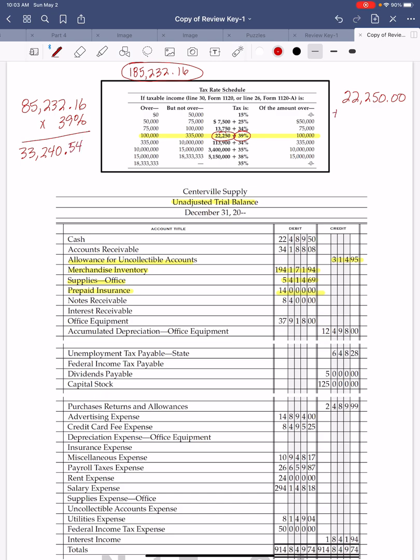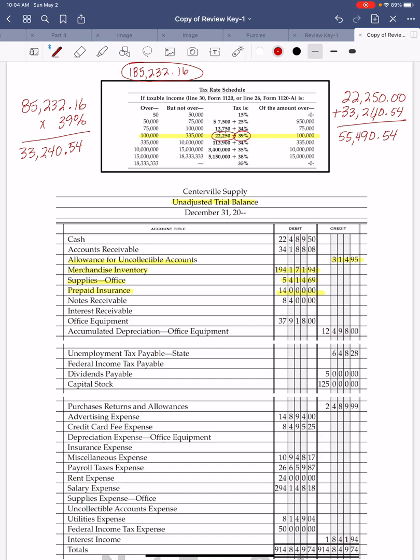So we add that over here to our first 100,000. We had 22,250. The next $85,232.16, we will be taxed at $33,240.54. So our total will be $55,490.54, and that's the amount that we owe in taxes.